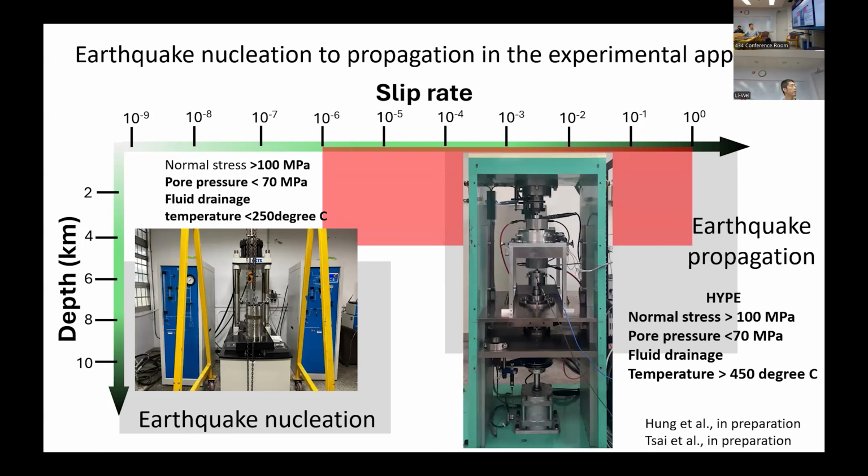But the important thing is I just got a funding, huge funding. So we try to develop a new gouge sample holder. That sample holder allows us to increase normal stress up to 100 megapascal. And the pore pressure, 70 megapascal is the limit. It's the limit of the ISCO pump. And we also try to set up fluid drainage, and temperature can go up to 450 degrees Celsius.